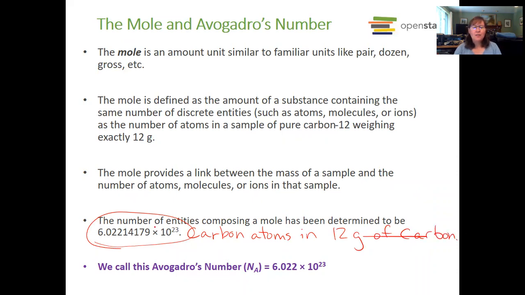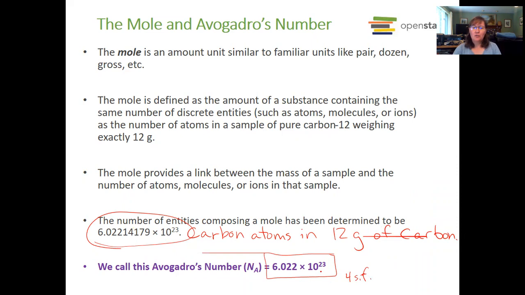Okay, now this is very long and cumbersome. We don't usually need that many significant figures. So what we use instead is 6.022 times 10 to the 23rd. And this one has 4 sig figs. So just keep that in mind.